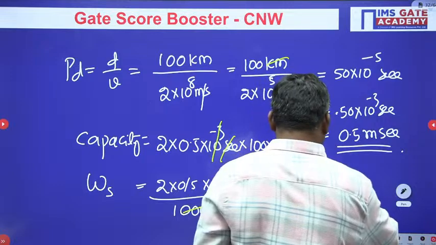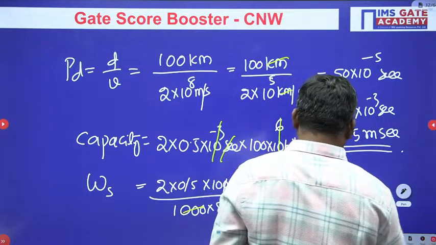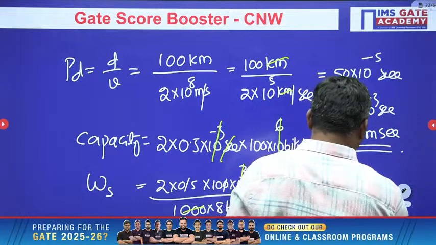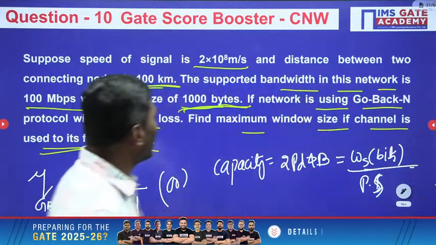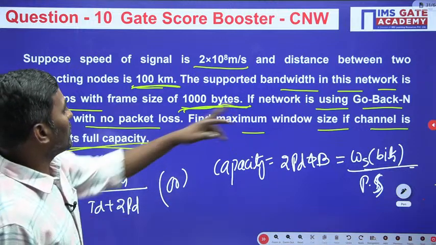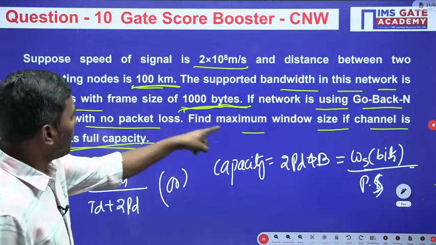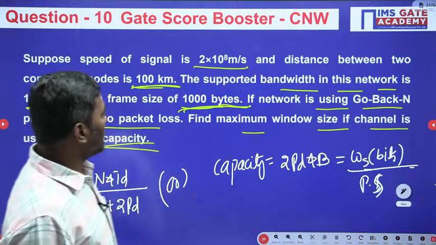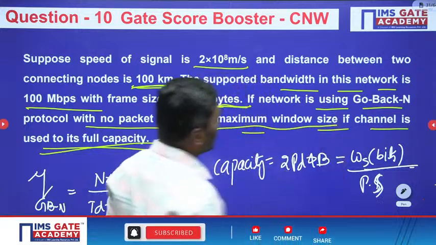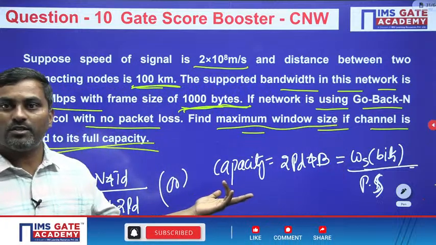This is correct. Then 12.5 is nothing but 13, I should answer it, correct? 13 is the answer. Find the maximum window size if the channel is used at full capacity, if a network uses GBN protocol. Window size always refers to sender window size only.